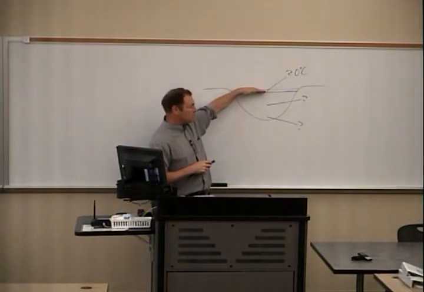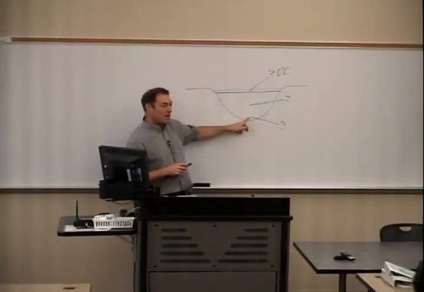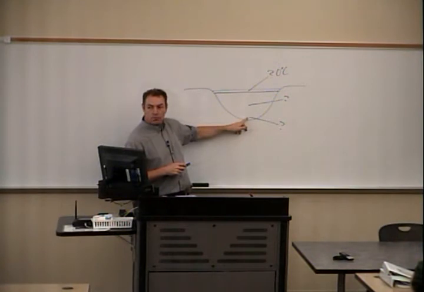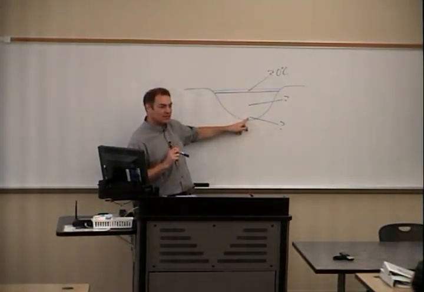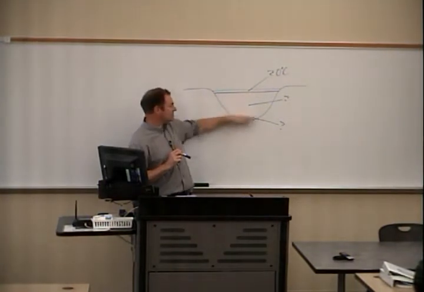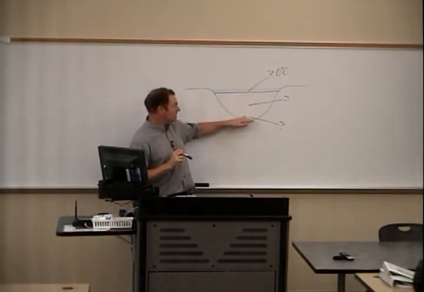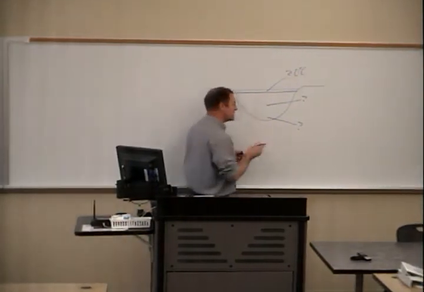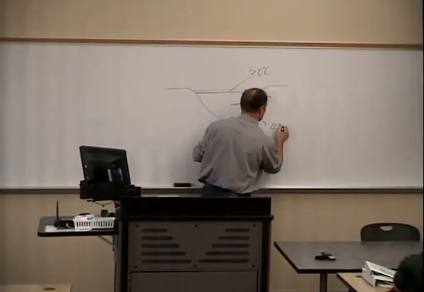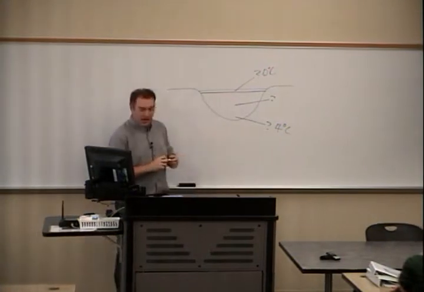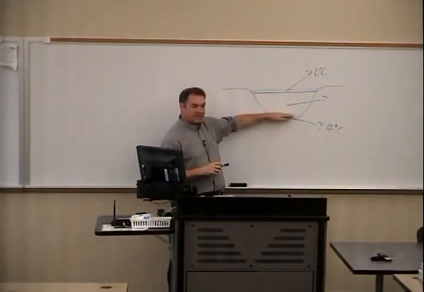All right? What do we know about the water at the bottom? Not temperature-wise, density-wise. It's the most dense because it's the stuff that's going to sink. And water is its most dense at what temperature? 4 degrees Celsius. Now, it's possible that all the water's at 4 degrees Celsius, all right?